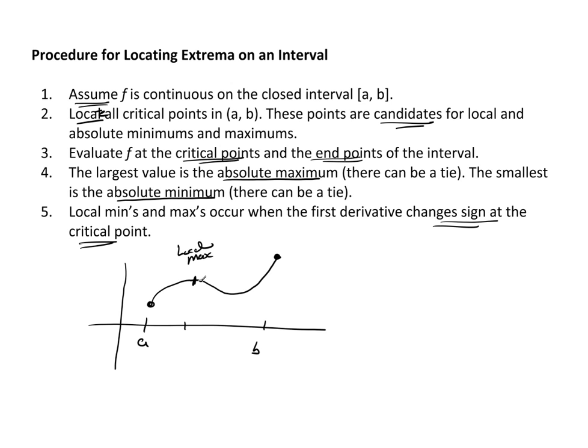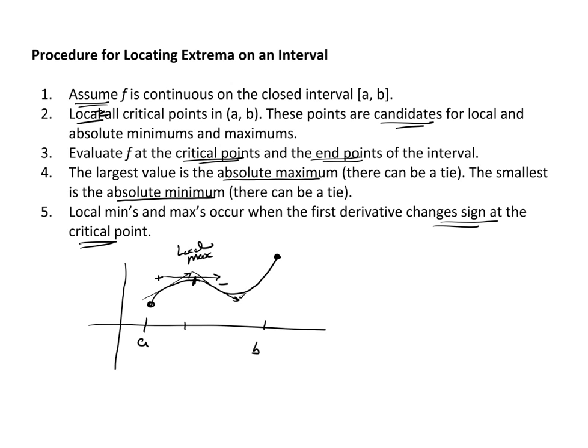The slope of the tangent line is going to be 0. But the slope of the tangent line prior to that point is positive, and after that point it is negative. So it changes signs. Because I go from positive to negative, I know it's a local maximum.